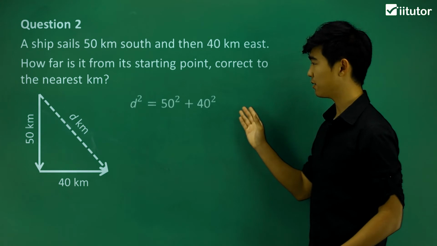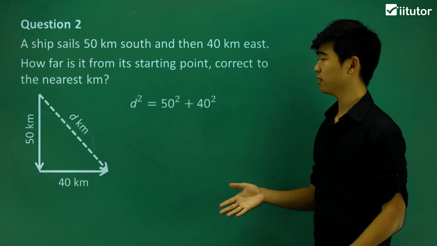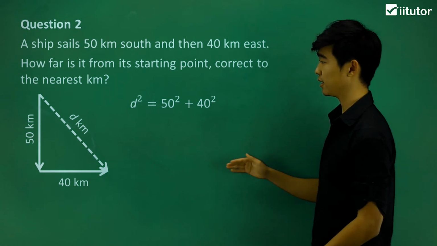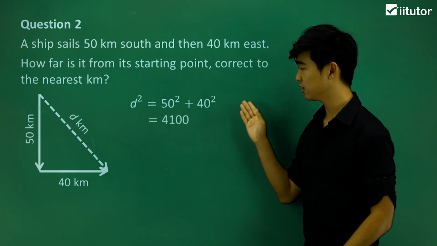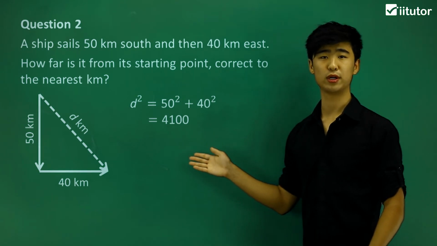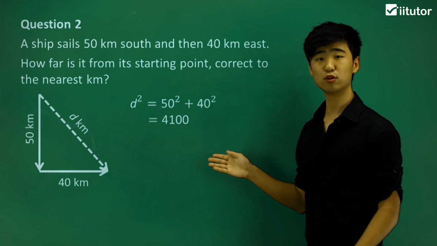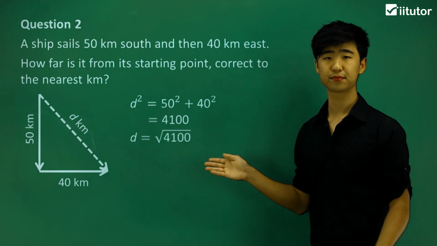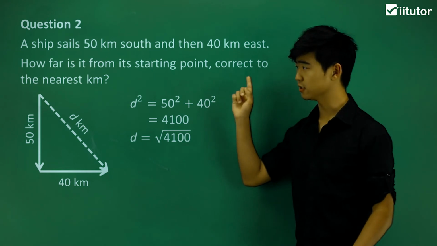So let's write out my Pythagoras theorem. D squared equals 50 squared plus 40 squared. Now let's calculate down. Just plug into the calculator. You should get 4,100. So D squared equals that, and D equals the square root of that. Very similar to the last question, in this case this is correct to the nearest kilometer.